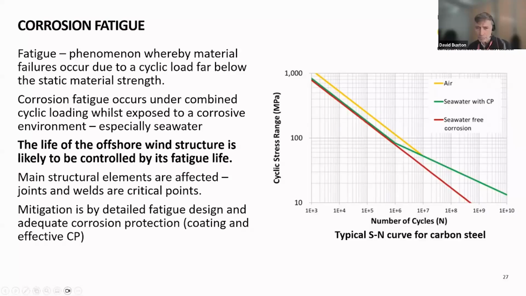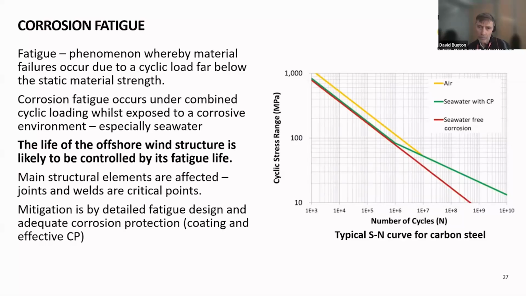And looking at the plot on the right-hand side, you can see if you're at a low stress range, let's say below 100 megapascals, the seawater free corrosion fatigue life is significantly less than the fatigue life in seawater with cathodic protection. So they're shown by the red and the green plots. And there's maybe almost an order of magnitude difference in the number of cycles shown on this SN curve.